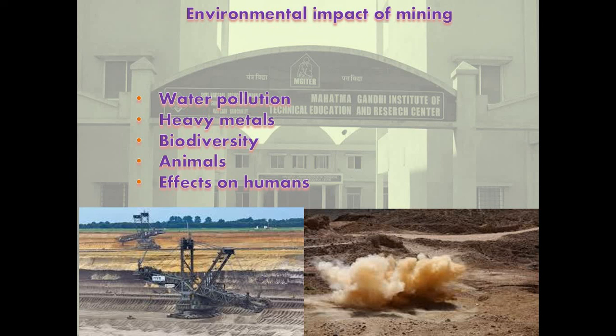Humans are also affected by mining. There are many diseases that can come from the pollutants that are released into the air and water during the mining process. Okay. So, mining companies in some countries are required to follow environmental and rehabilitation codes, ensuring the area mined is returned close to its original state.